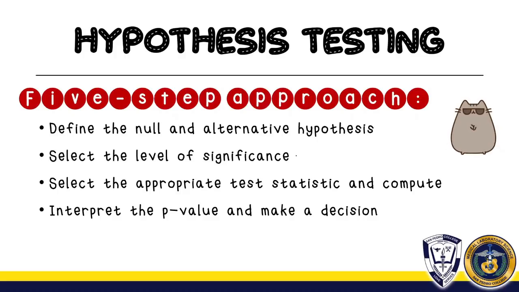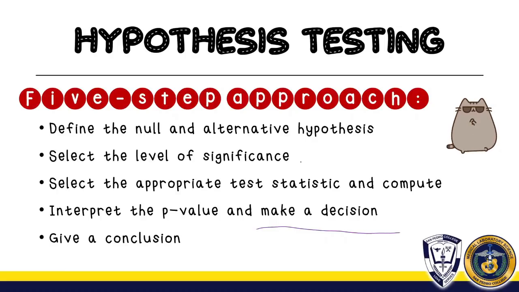Na 'di ba, if it is less than 0.05, then you reject the null hypothesis. If it is greater than 0.05, then do not reject your null hypothesis. So ito po yung pino-point out dito sa and make a decision whether to reject or not. And then your last step would be, of course, giving out a conclusion. So, dun nyo na po sasabihin na since the p-value is less than 0.05, then we will reject the hypothesis. So, therefore, so ano na yung null hypothesis nyo, ganun.